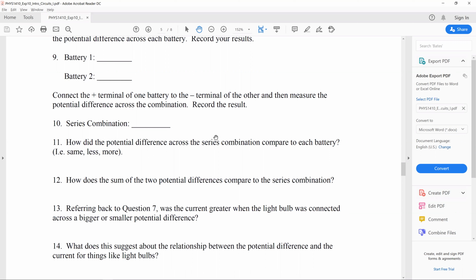Did the potential difference of the series, how did it compare to each battery? So this is saying, how does the number in 10 compare to either battery 1 or battery 2, not the sum of them? How does the sum of the two potential differences compare to the series combination? So here you're comparing 10 to the sum of your two battery voltages that you got in 9.